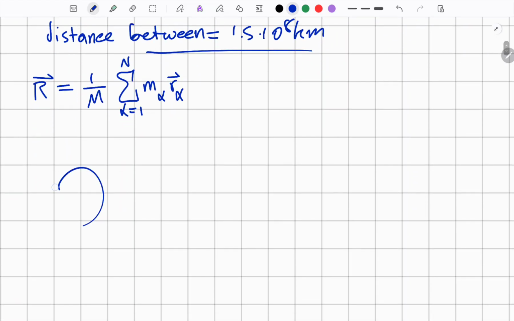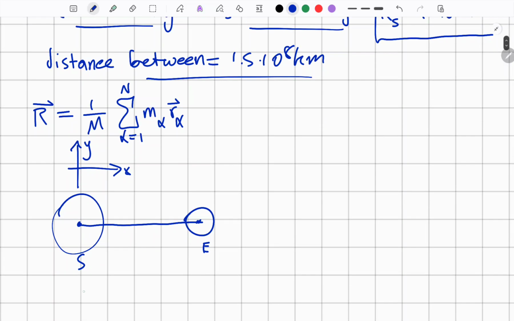So we can have our Sun here, have the Earth over here. This is obviously not to scale. If we set it up so that we have our x-axis going from the center of the Sun over to the center of the Earth. This is the Earth, this is the Sun.